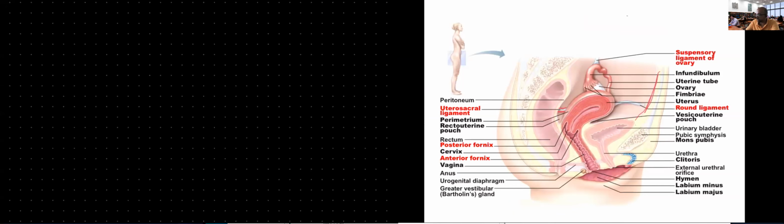We've covered two of the most important diagrams in this chapter, also in the female reproductive system. The sagittal section of the female pelvis showing the female reproductive organs and their associated organs and the relationship between the uterus, vagina, and the rectum posteriorly, and the urinary bladder and the urethra anteriorly.